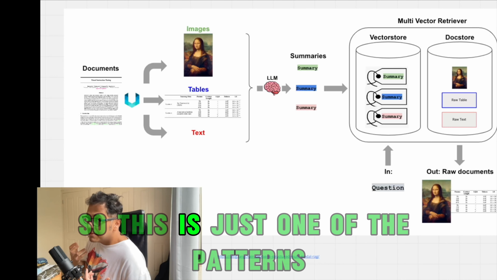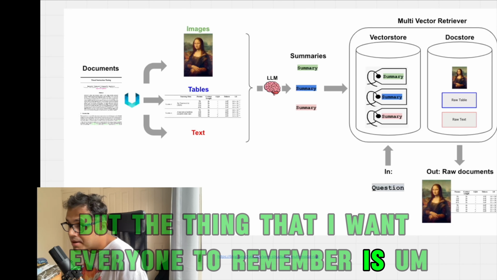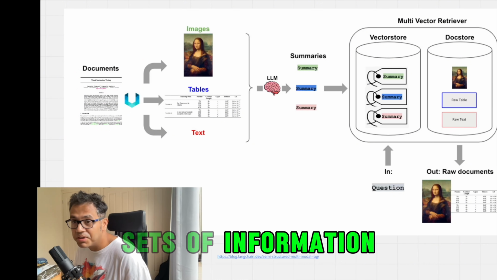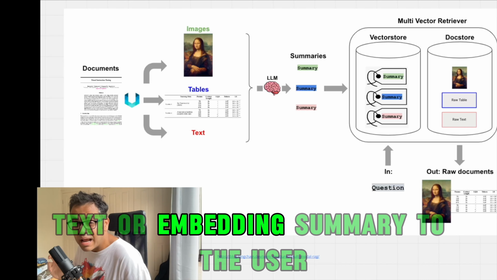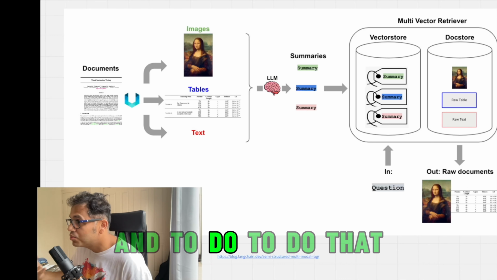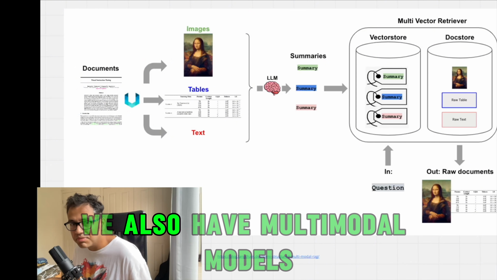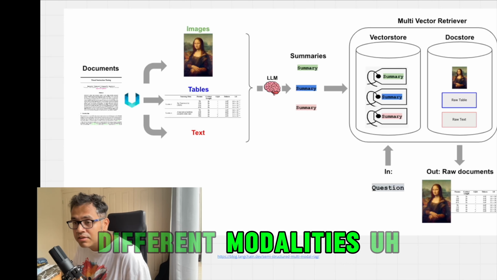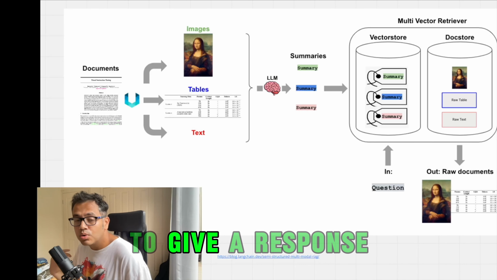So this is just one of the architectural patterns, but the thing that I want everyone to remember is to think of multimodality as different sets of information for which you need to give a corresponding text or embedding summary. Because a large language model is, in most cases, a text-only system, although we also have multimodal models, you have to find a way of converting different modalities to either text only or embeddings, into a form which a large language model can digest to give a response.